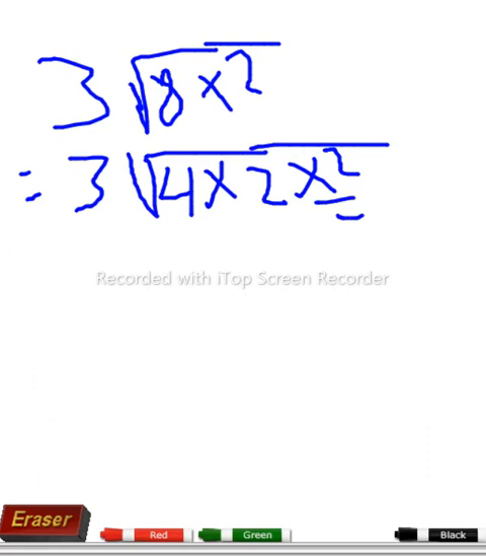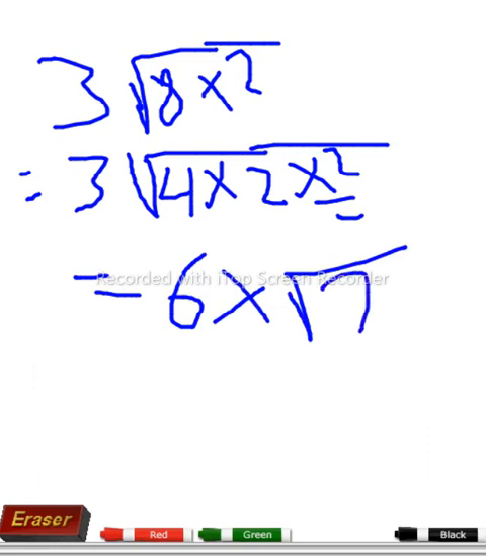When going out of the square root we get 2 and we get x. 4 will be out as 2. 2 times 3 we get 6. X also comes out. Then we have 2 here. So this is the final answer after simplification.